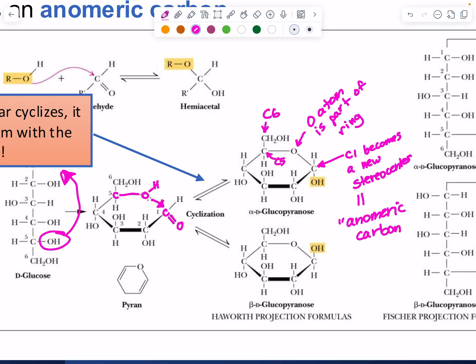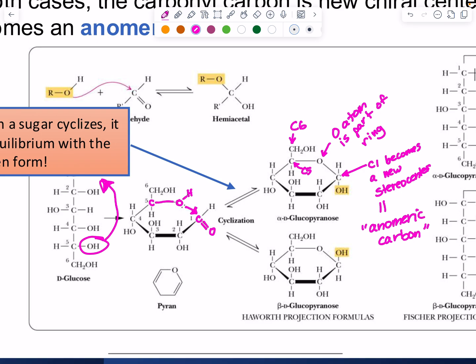And we have two possible configurations stereochemically at that position. We have the hydroxyl down below the ring or above the ring. And we call those the alpha and the beta anomers.